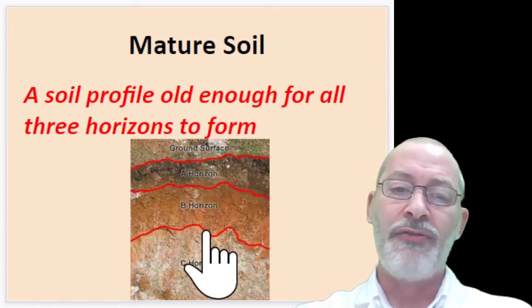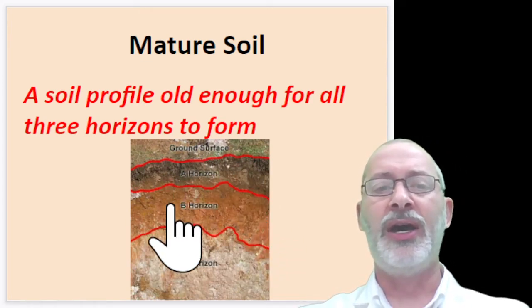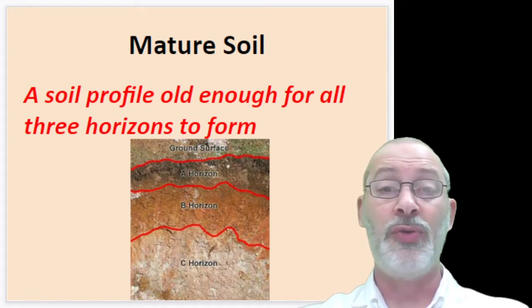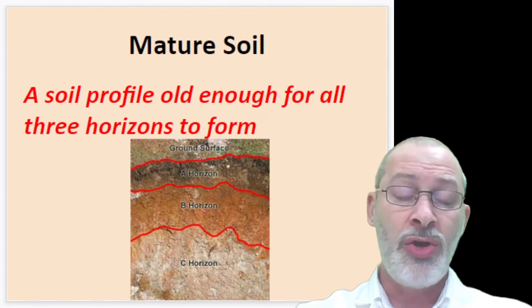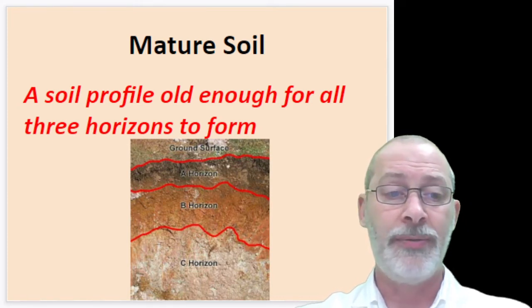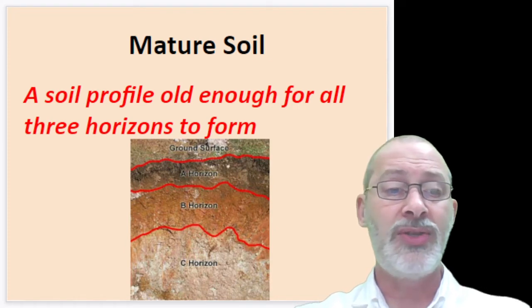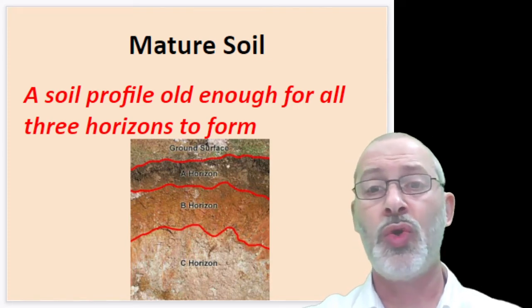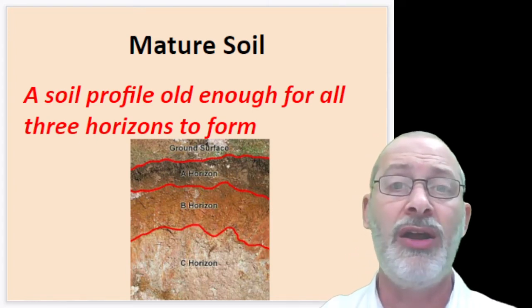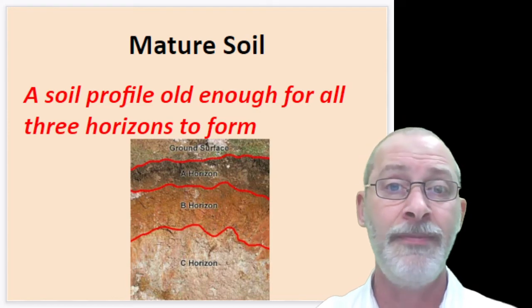When you've got the full development of at least the three horizons, A, B, and C, in an area, then you know that you are looking at a mature soil. That isn't always the case. Sometimes you don't see a mature soil horizon, especially if you live in an area that's a development.